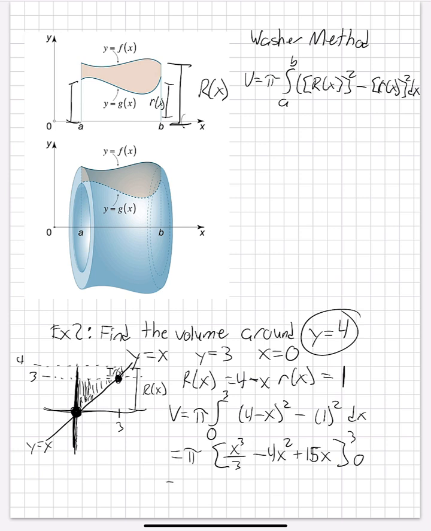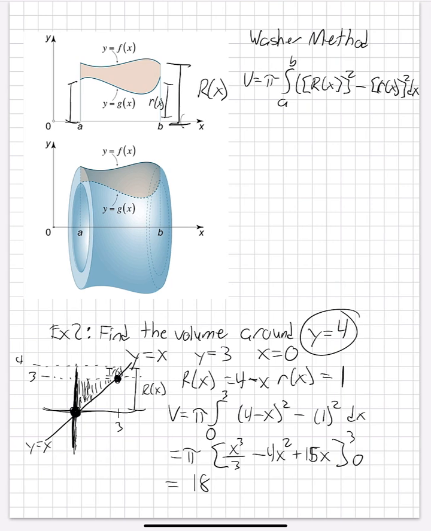I plug in my limits of integration, 3, subtract off the integration with 0, but of course that's just 0. So I plug that in and I get 18 pi. So if I were to rotate that around and create an open washer, the volume of all those washers added together, or that region, is 18 pi.